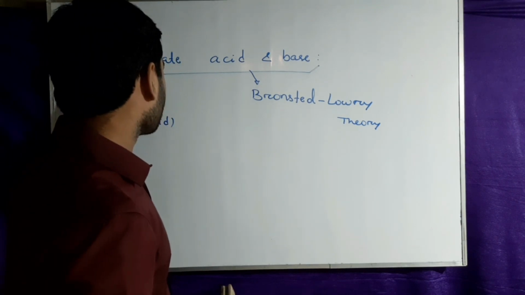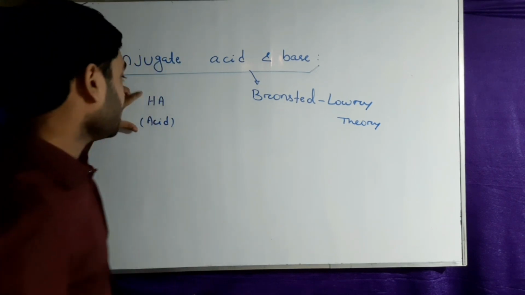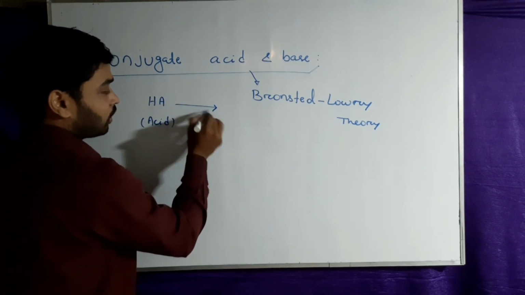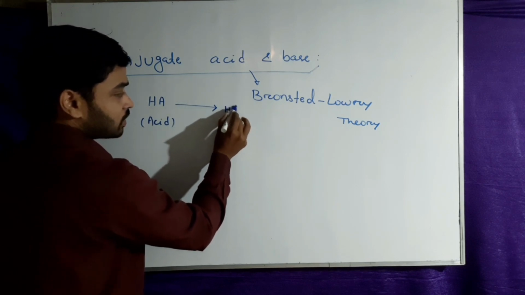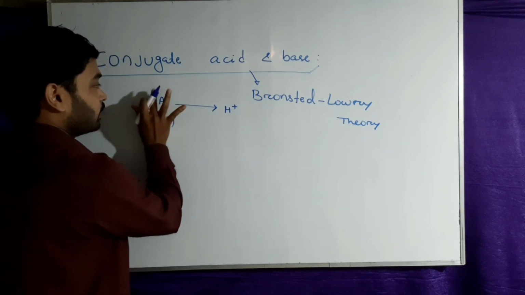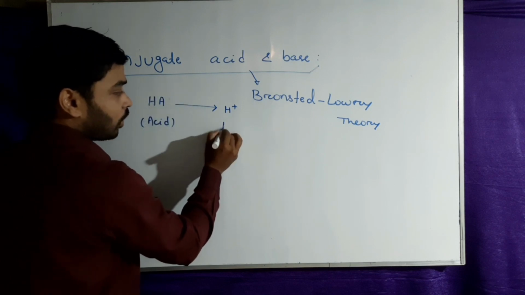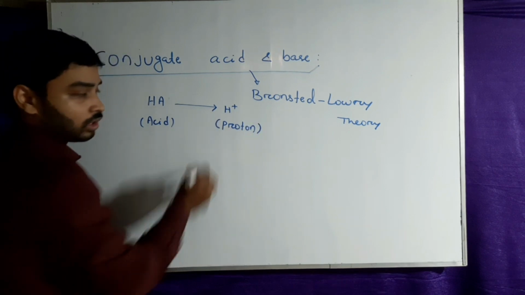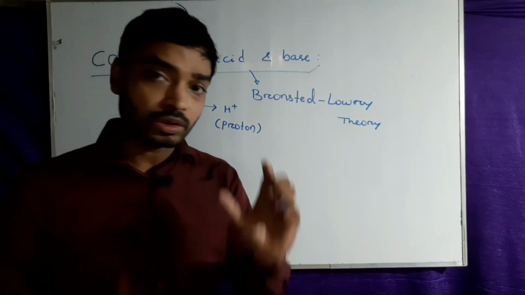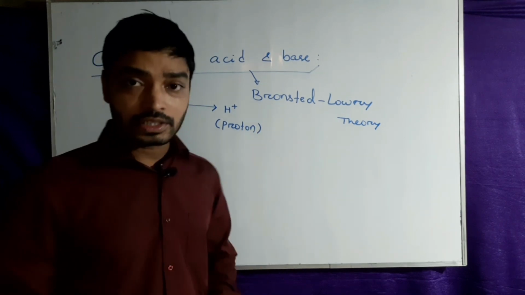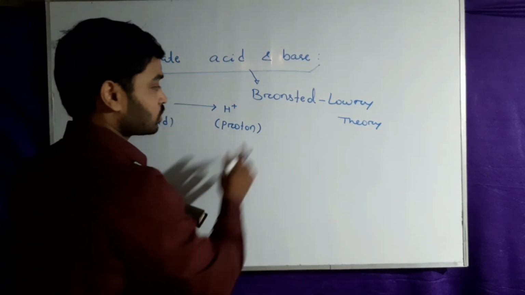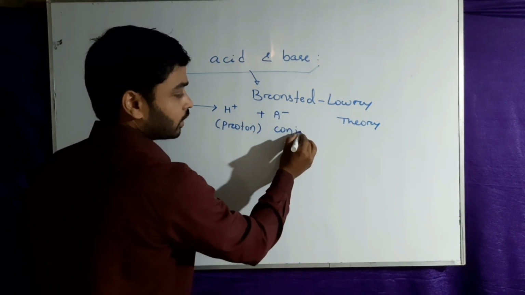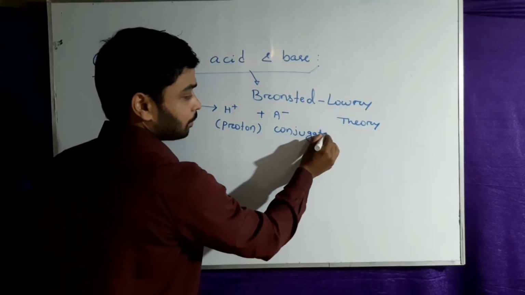According to this concept, any acid after donating its H plus, the H plus part, and the A minus part, after donating H plus ion or proton, the residual part is called the conjugate base. So A minus here will be called the conjugate base.